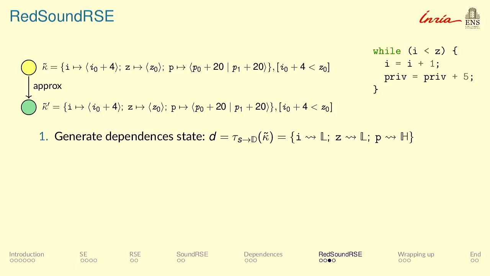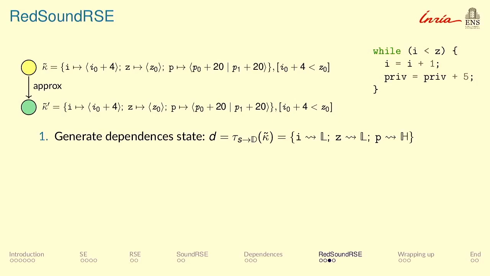For example, P is mapped to 2 symbolic variables. So basically the translation function is just checking whether we have one value or a pair of values. If we have only one value, then we map to low, and for P we must map to high, so this is very easy.